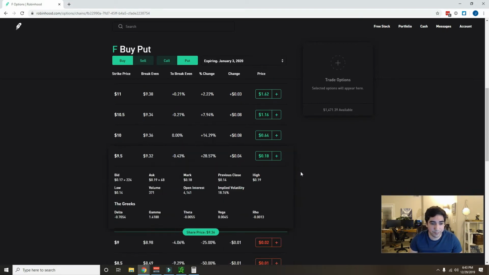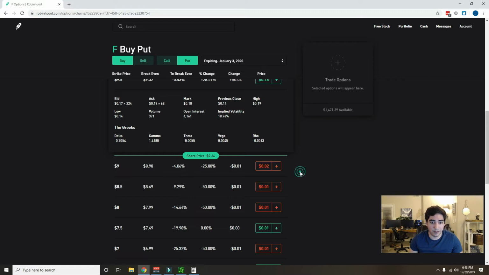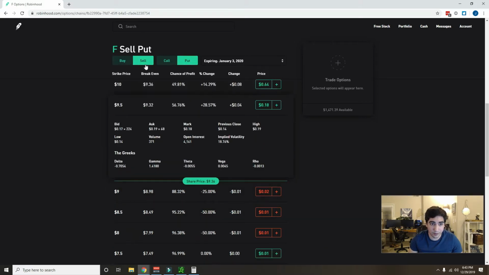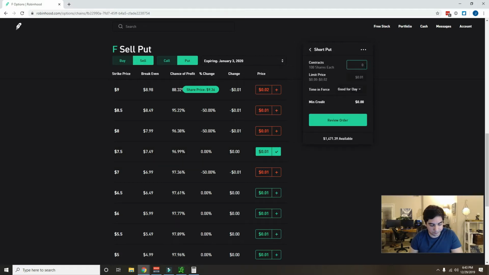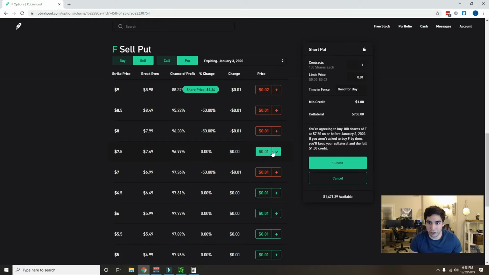On the flip of that, if I want to have a really good chance of getting the credit when I sell the put option, I could scroll down and choose one of these that's significantly under what the stock is currently trading at. So if I wanted to sell a put for $7.50, I only get 1 cent a share, so $1.